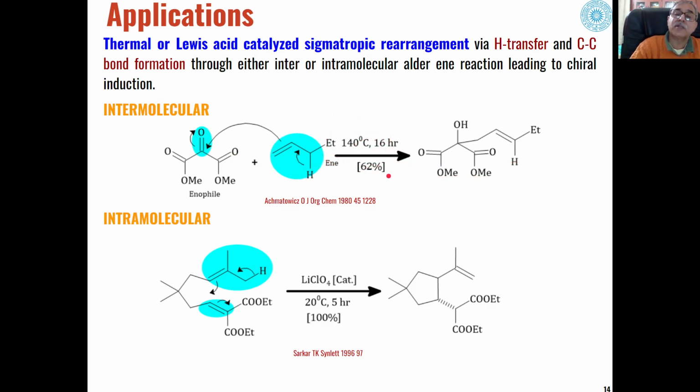In 16 hours, we will get 62% of this type of products through ene reaction. And this is basically an intramolecular ene reaction.